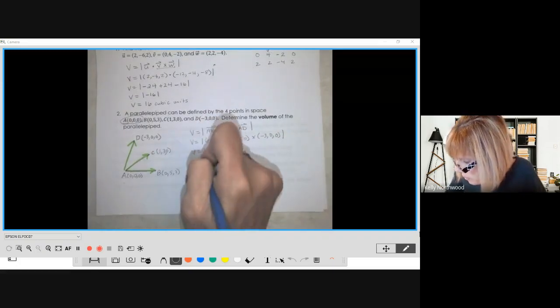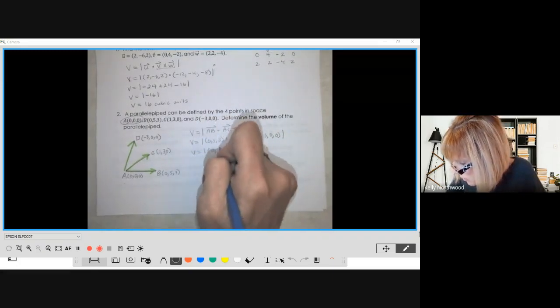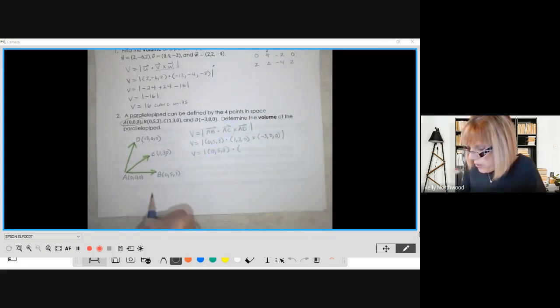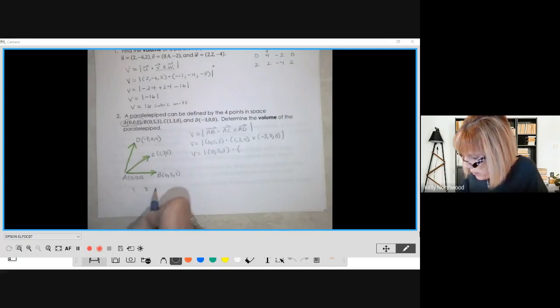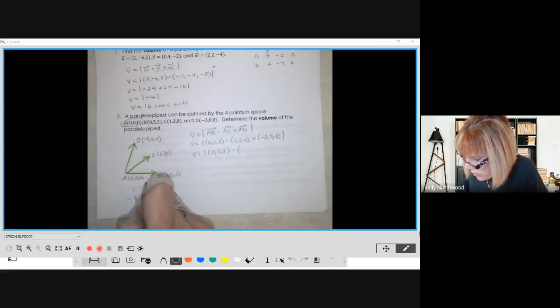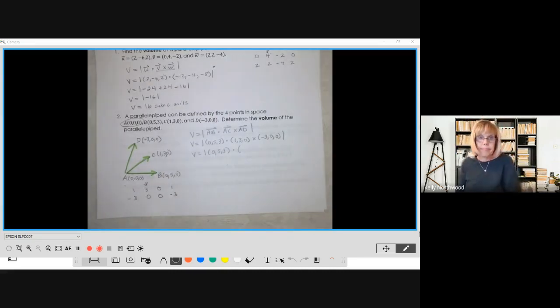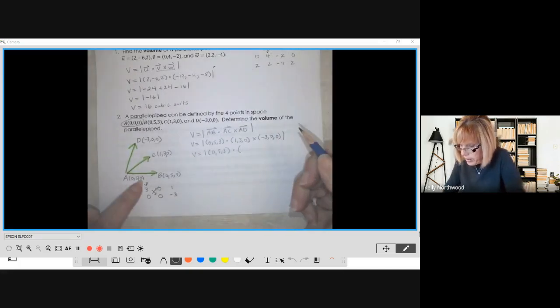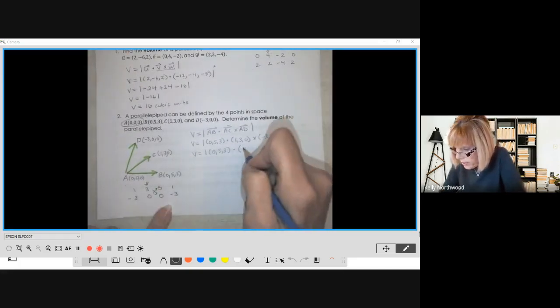So the volume is going to be the magnitude of 0, 5, 3 dotted with the cross product of these, which I'm going to do down here. Start here. So downward minus upward, 0 minus 0 is 0.